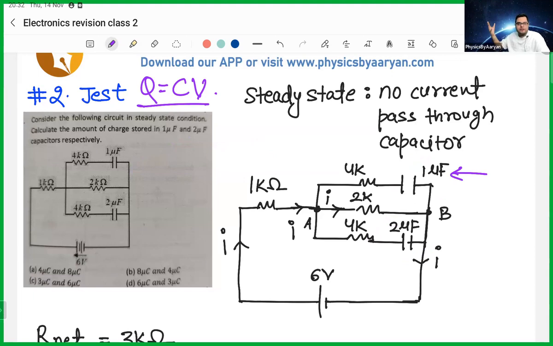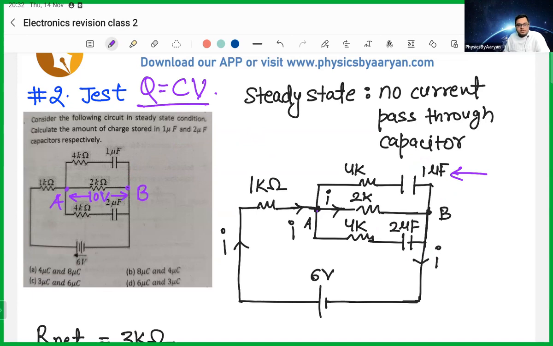The second question is, how can I find the voltage on this? Whatever is the voltage between A and B, between this point A and this point B, for example, just for a moment, let's assume the voltage between them is 10 volt. It cannot be 10 volt, but for a minute, let's assume it is 10 volt.